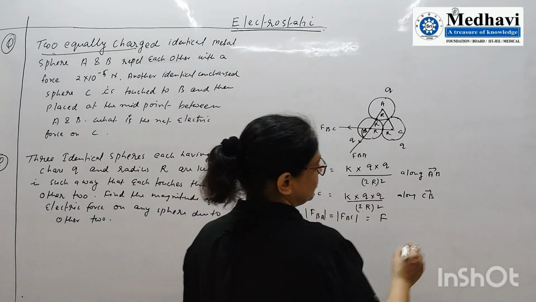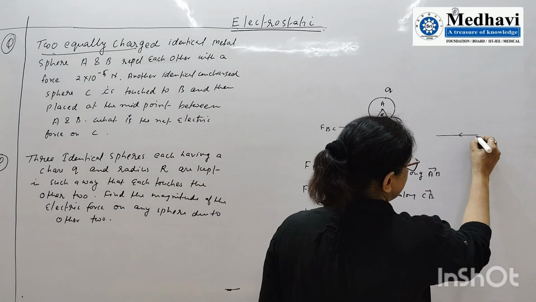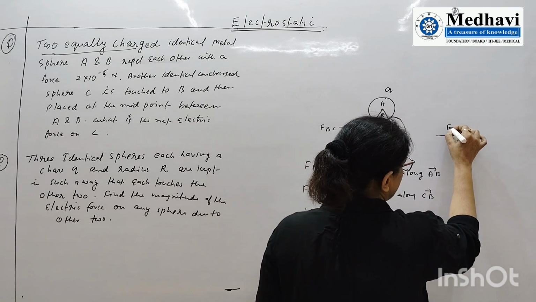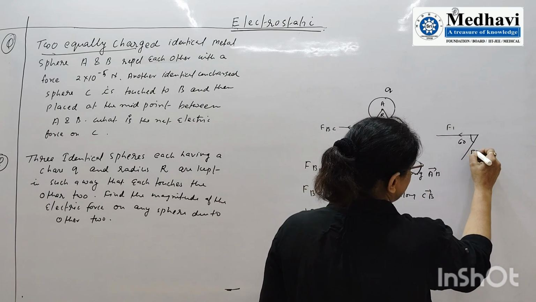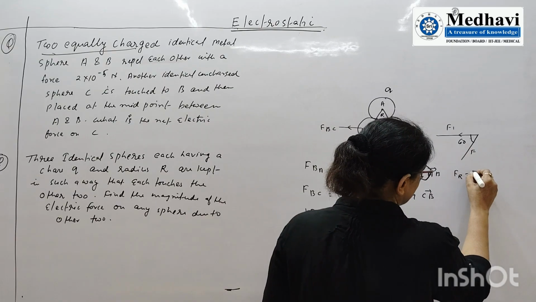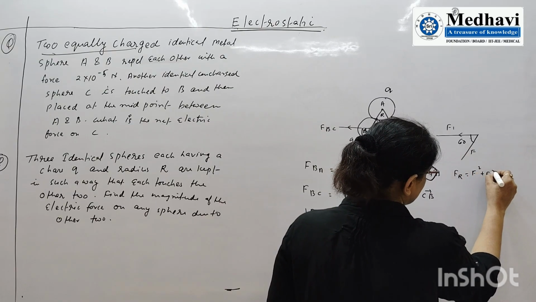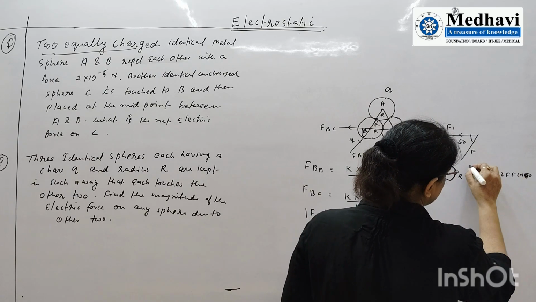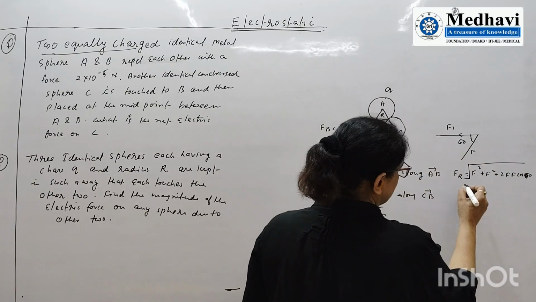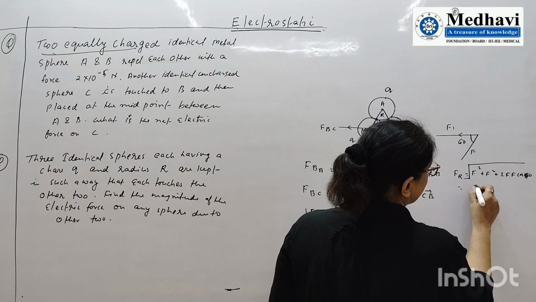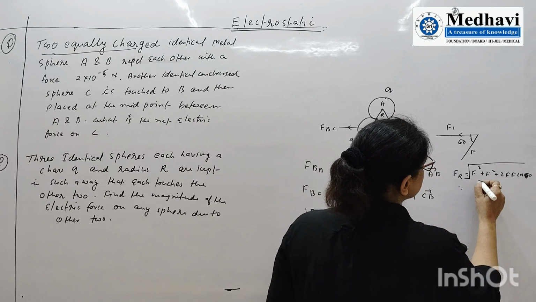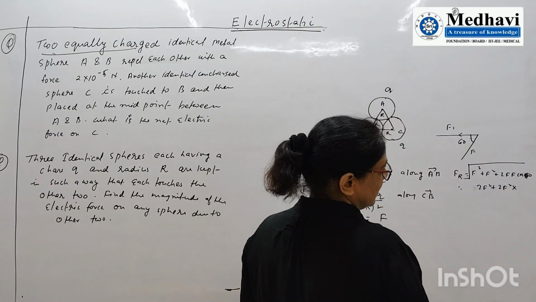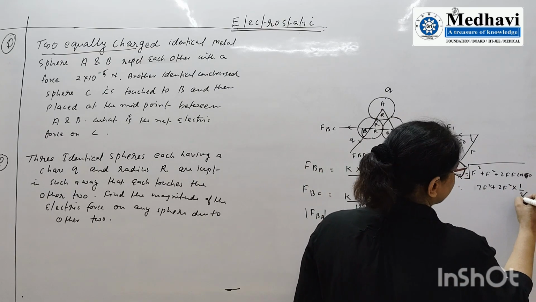And for the resultant, suppose two vectors are inclined at an angle of 60 degrees. Then the resultant of the vectors is equal to the square root of F square plus F square plus 2FF cos theta, that is cos 60 degrees. So in the same way we will solve: F square plus F square plus 2F square times cos 60, and cos 60 is 1 by 2.